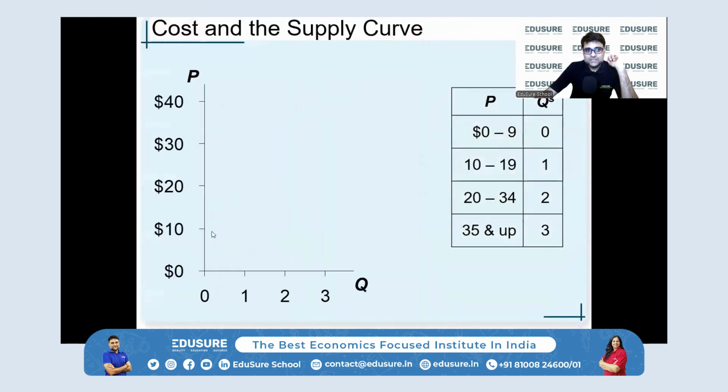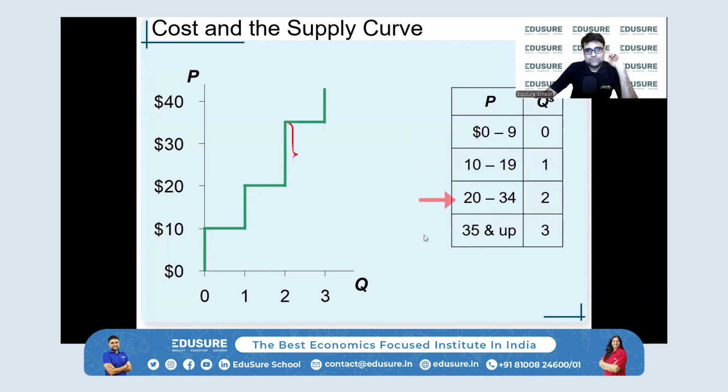Now, price 0 to 10, no one is going to sell. Between 10 and 19, one person. From 20 to 34, two people will sell, and from 35 onwards, three people will sell. So this is the supply curve if there are only three sellers.